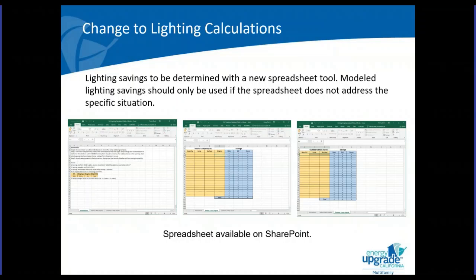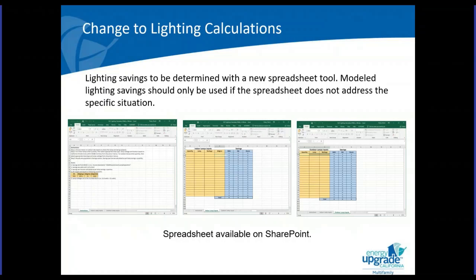So instead of using the modeled energy savings as we would with other measures, lighting kind of takes a separate track, and SDGenie has developed a spreadsheet tool for us to use. I have some screenshots. It's a simple 3-tab workbook where you would put in your existing lighting or your lighting improvements to get the energy savings that will be counted.